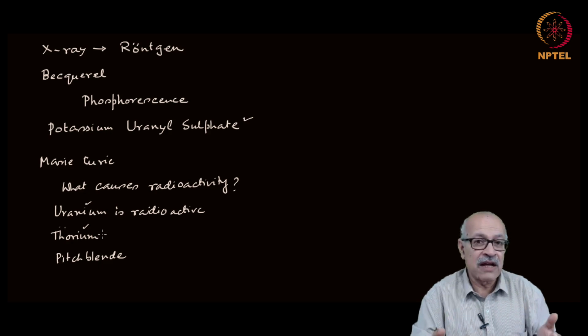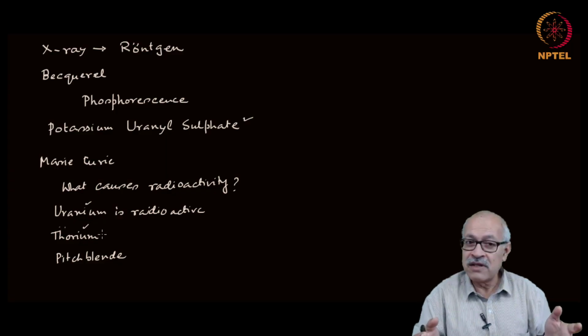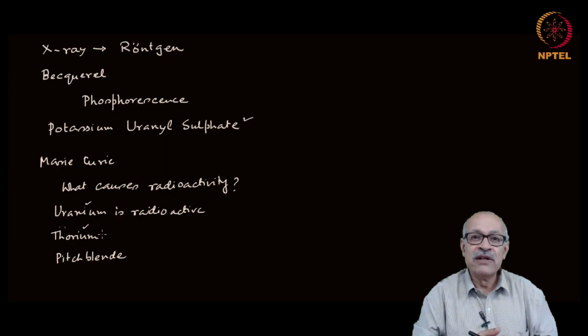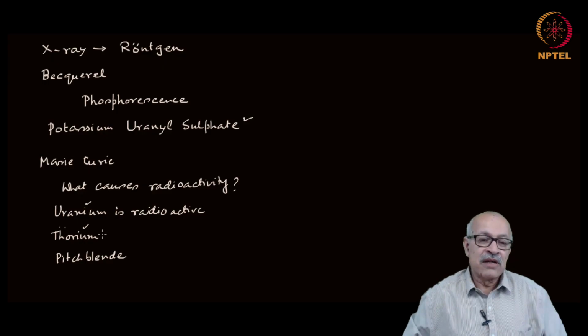When she found that, her husband Pierre Curie became interested, because he saw that it is likely to lead to something really good. So, he also joined this quest of finding other radioactive substances. What would they do?